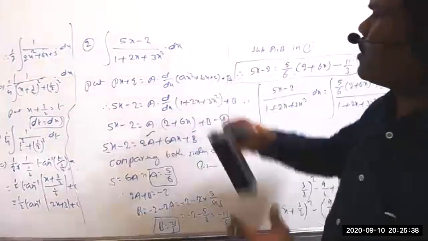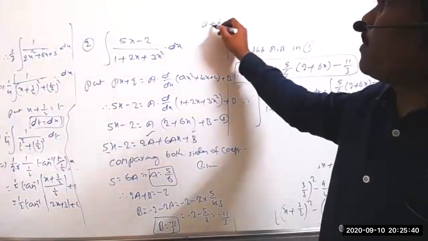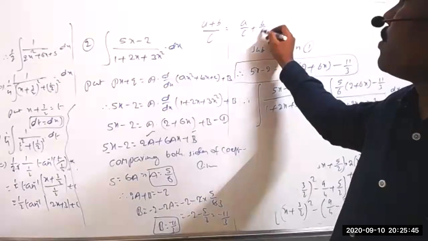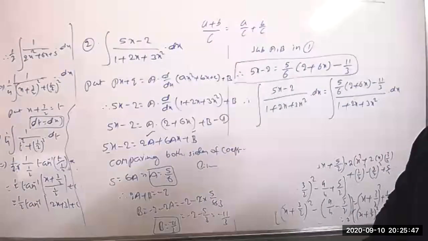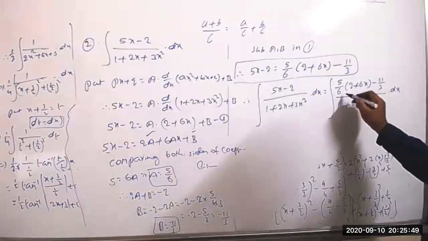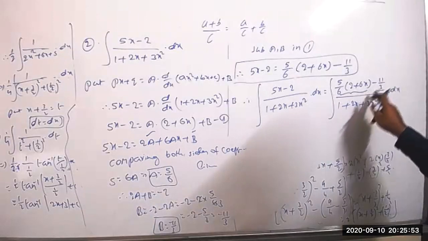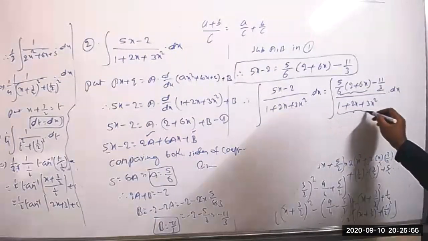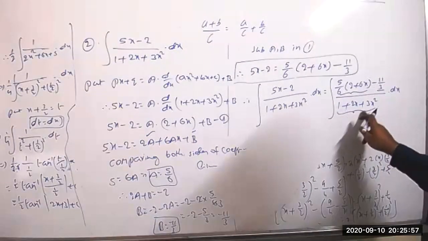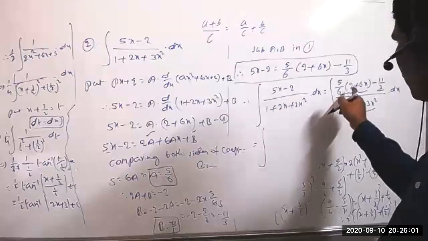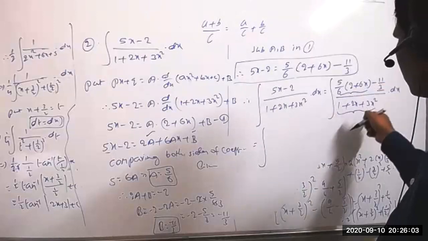We know very well that a plus b by c can be written as a by c plus b by c only. In the same way, this entire thing is one single term, this is the second term. It's like a minus b by c, so a minus b by c equals, write separately again: integration of a by c minus b by c.